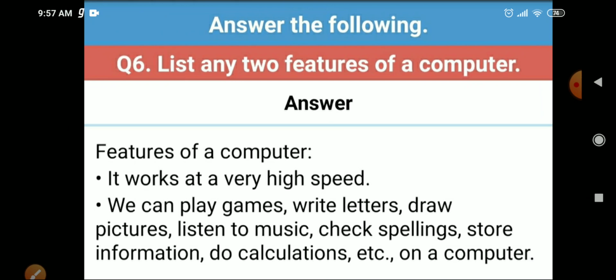List any two features of a computer. Features of computers are: it works at a very high speed. We can play games, write letters, draw pictures, listen to music, check spelling, store information, do calculations, etc. on the computer.